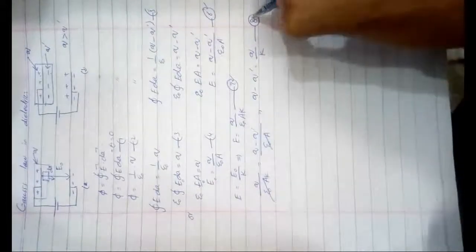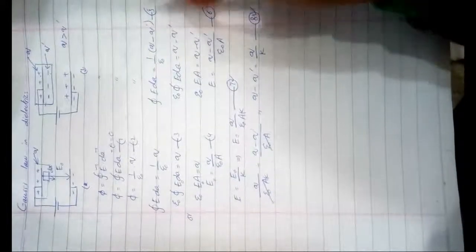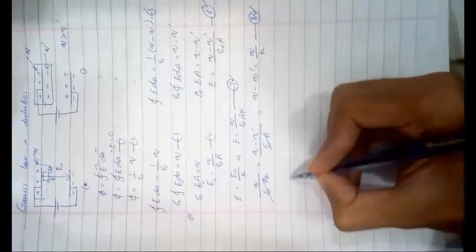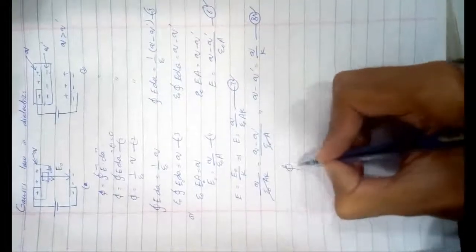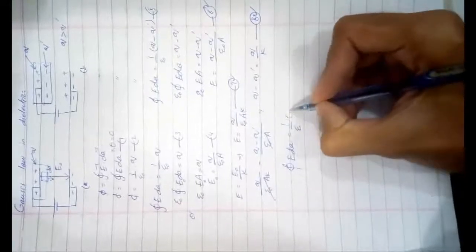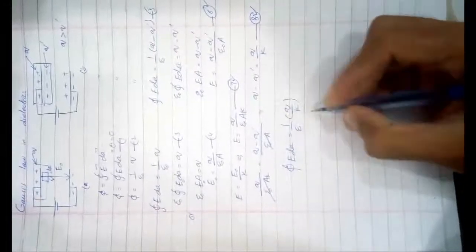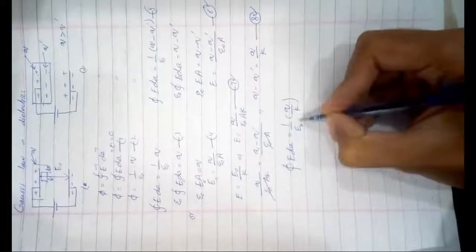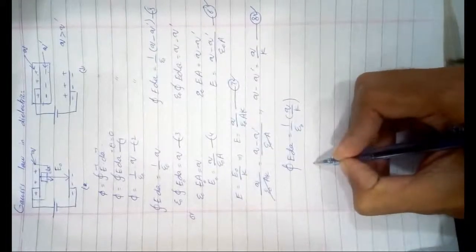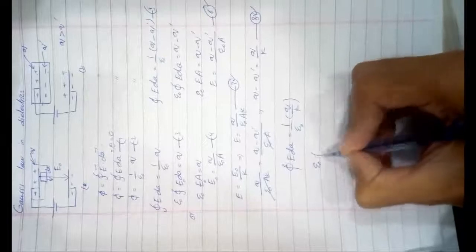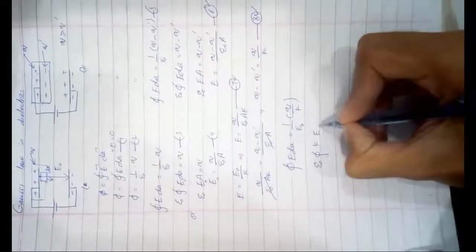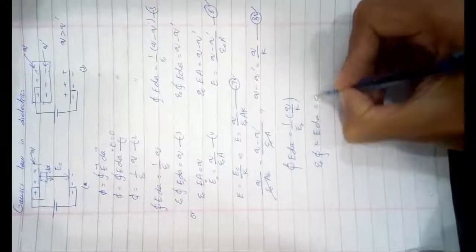So putting equation 8 in equation 5 we have closed integral E dA equals 1 over epsilon naught into Q over K, and by multiplying these terms here we have epsilon naught K E dA equals Q.